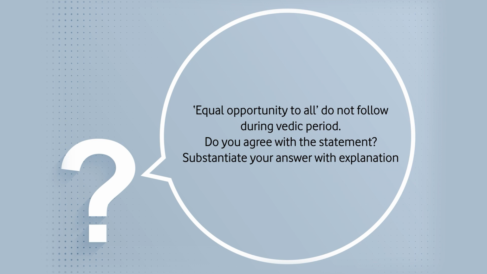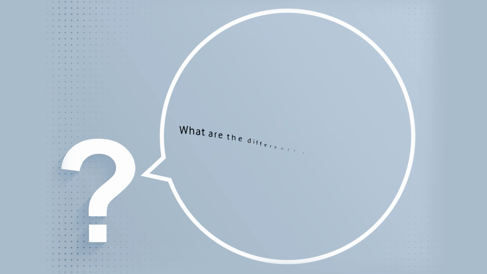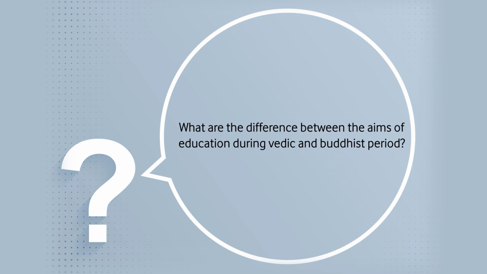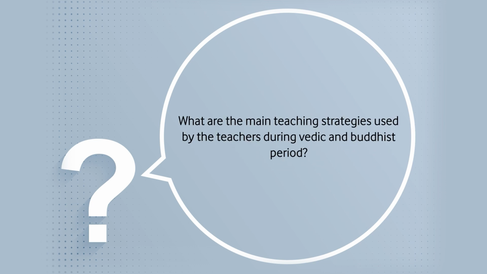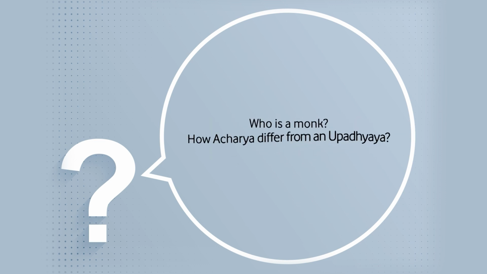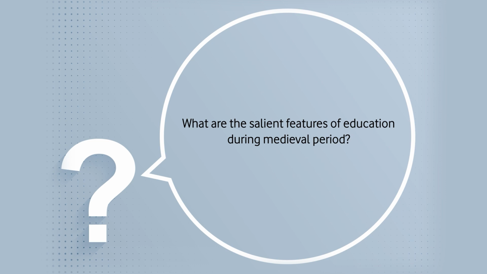Do you agree with this statement? Substantiate your answer with an explanation. What are the differences between the aims of education during the Vedic and Buddhist periods? What are the main teaching strategies used by teachers during the Vedic and Buddhist periods? Who is a monk? How does an Acharya differ from an Upadhyaya? What are the salient features of education during the medieval period?